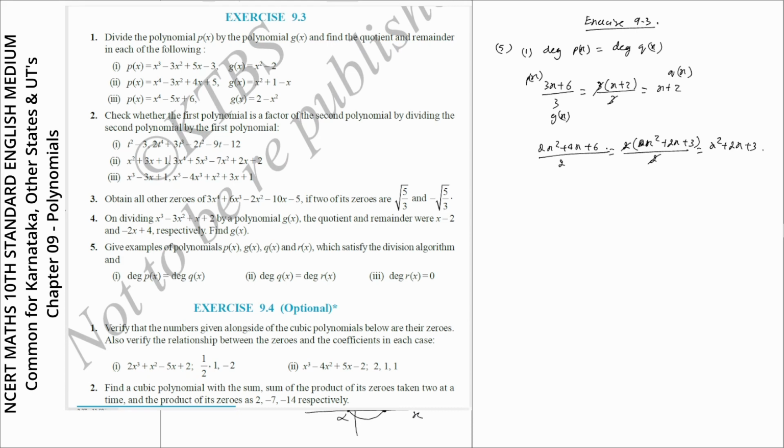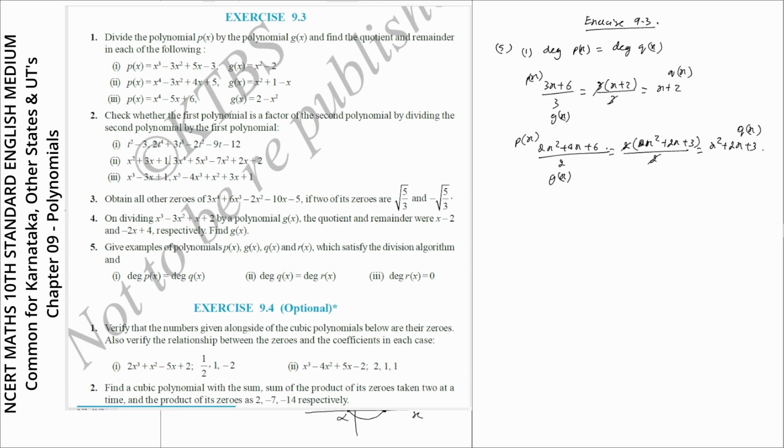So now numerator here I'll consider as p of x. So x square plus 2x plus 3 will be equal to q of x. Okay, quotient, and 2 will be g of x. Now here also you can see the degree of p of x is equal to the degree of quotient q of x.